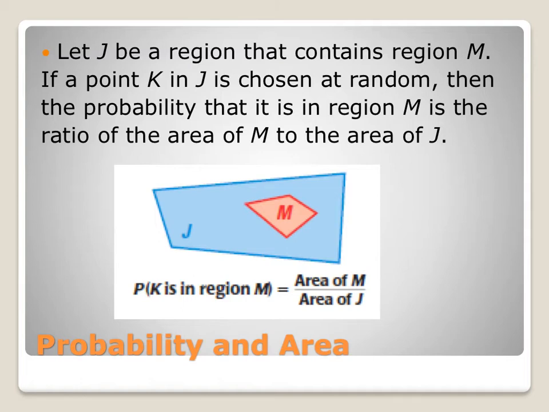So it says if a point K in J is chosen at random, then the probability that it is in region M is the ratio of the area of M to the area of J. So again, they wanted to know the probability that K is going to be in M. So again, they want to know this area. We would have to figure it out. And then this area would be the denominator, the blue. So it would be like the pink over the blue.